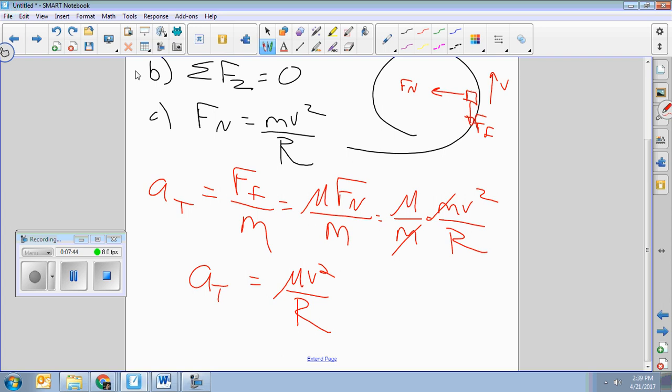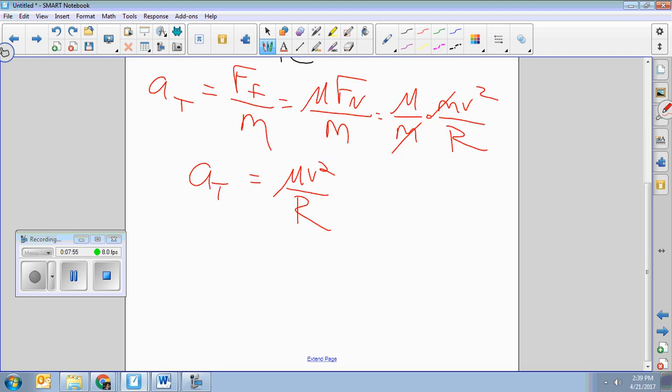I could solve this expression for v, but time doesn't show up in here anywhere, does it? So I need to find a way to take this expression, which deals with the velocity at a given time and the acceleration at that time, and somehow inject t into there. So what does time have to do with all of this?